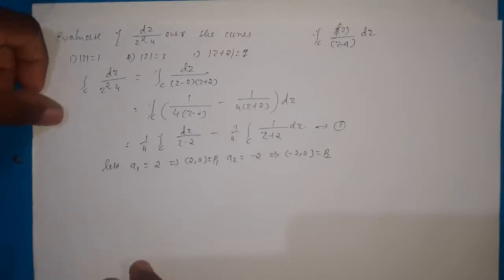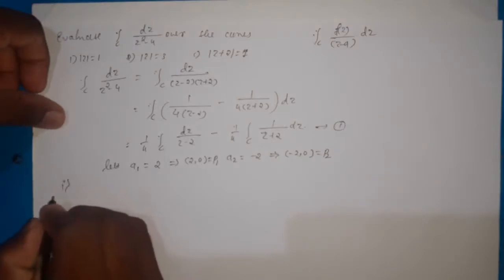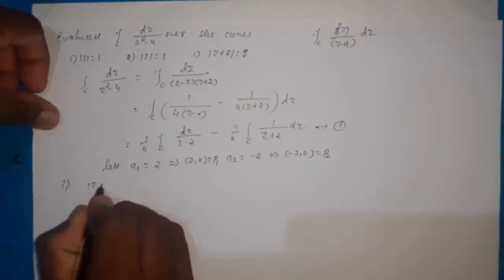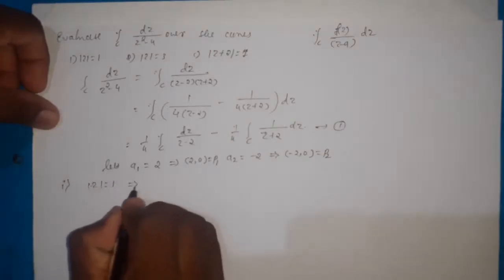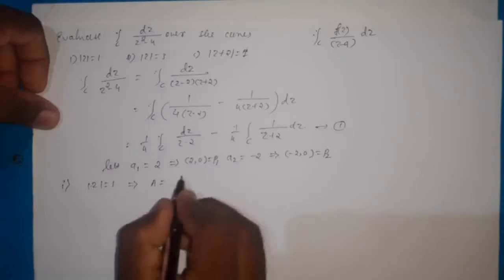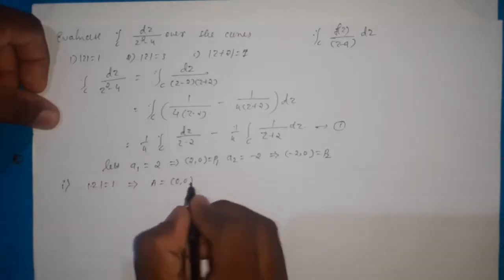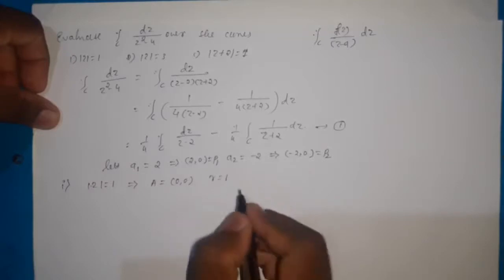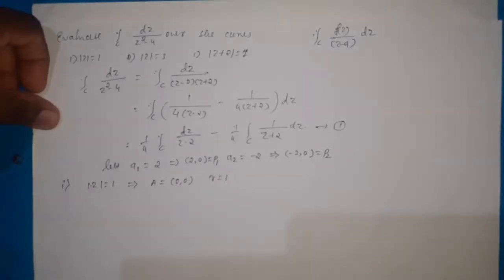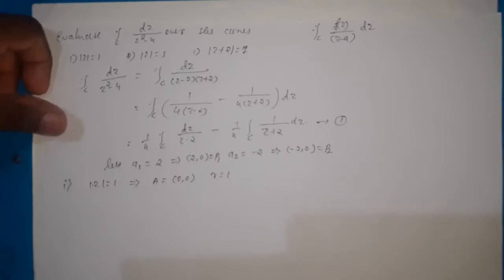Then the given circle, let us consider the first one. So mod z equal to 1. Here the center of this circle is 0 comma 0 and radius equal to 1. Then we need to find two distances here, because in the previous problem there was only one point P, but here P1 and P2 are there.